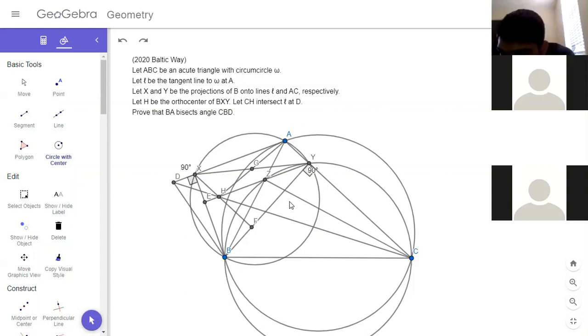Let's think about this. Well, the reflection of the orthocenter over every side lies on the circumcircle. So yeah, there's a lot of equivalencies here.